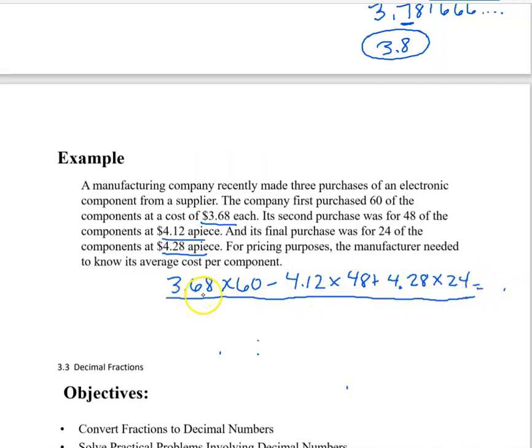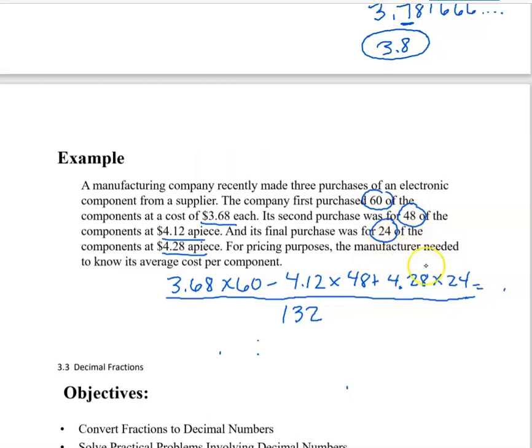So our total amount of these components are 60 and 48 and 24. And if you add that together, 60 plus 48 plus 24, we're going to come up with 132.